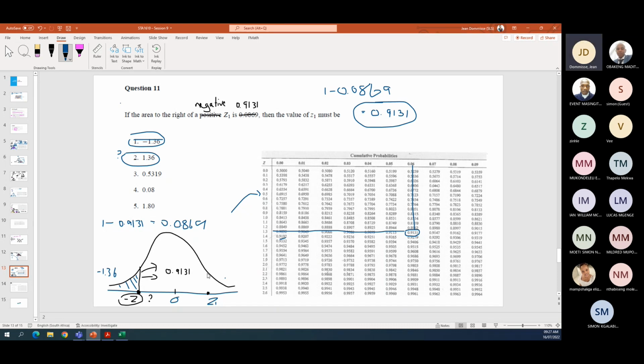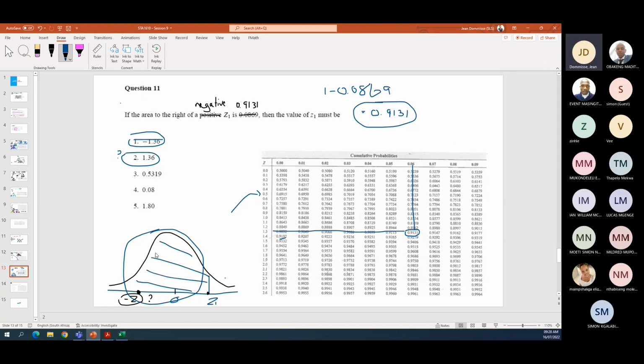But one could have again used symmetry. But for me, the easiest way always is to look at what I need to work out and then use the table that nearly looks at that. So if I need to find that bigger area, I work with a positive table.